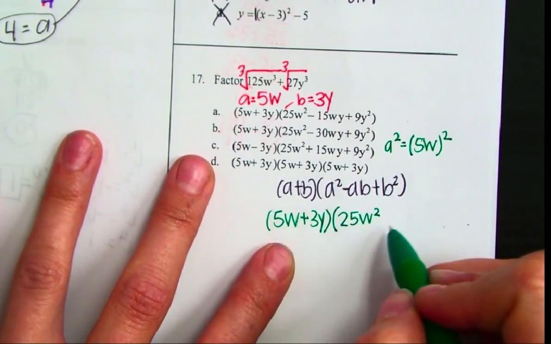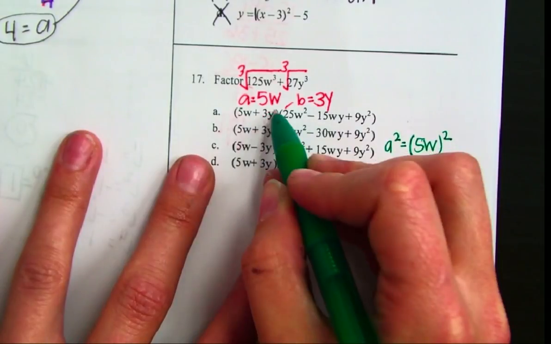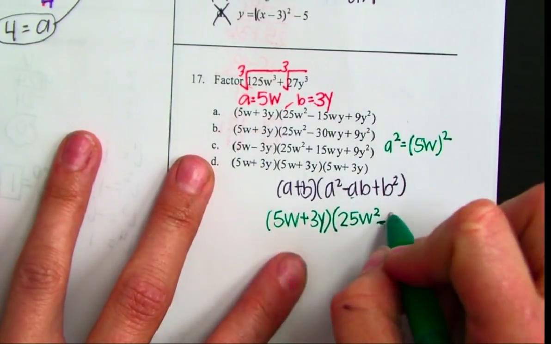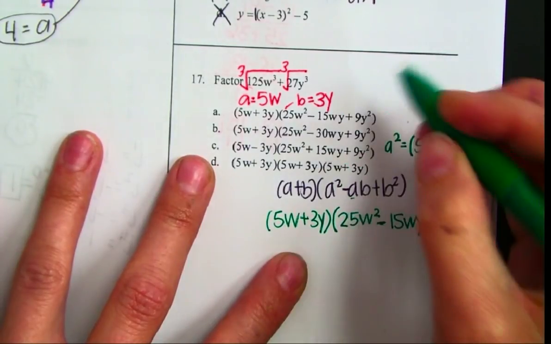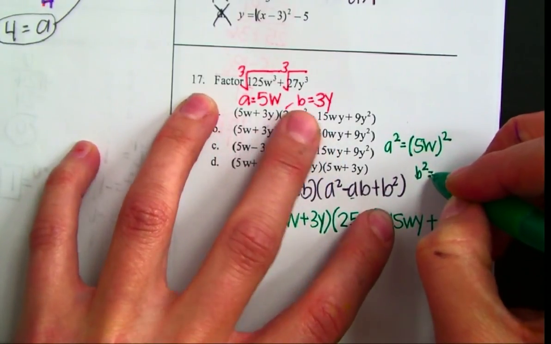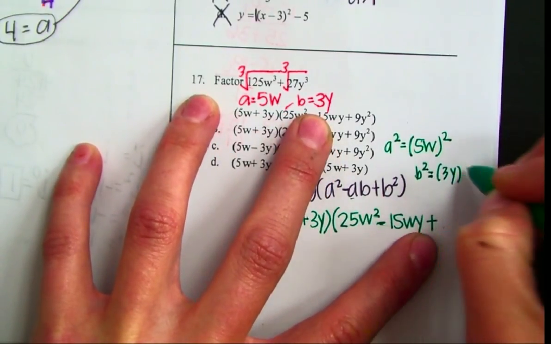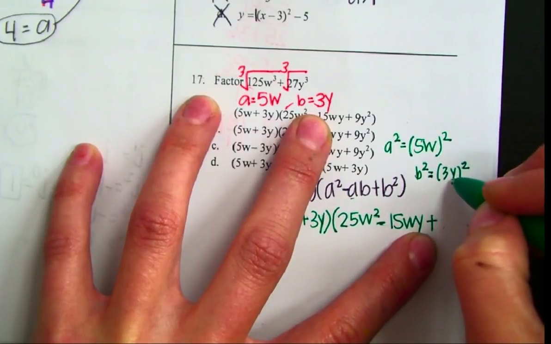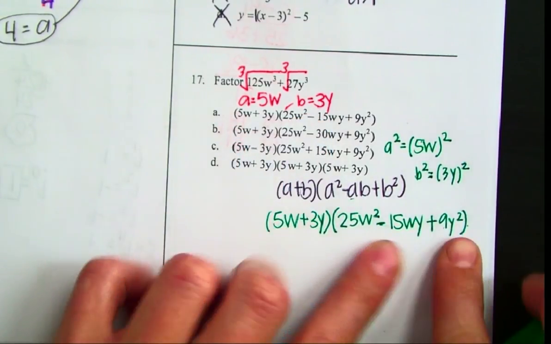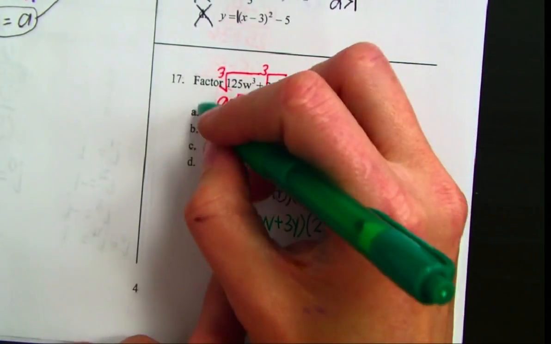Then minus ab. ab just means we're going to take these and multiply them together and get 15wy. Then we're going to be adding b squared. b squared is when we take b and multiply it to itself, and that's going to give us 9y squared. So my answer is A.